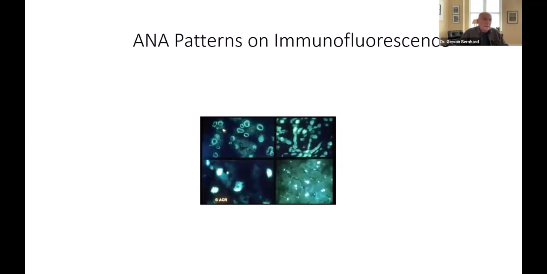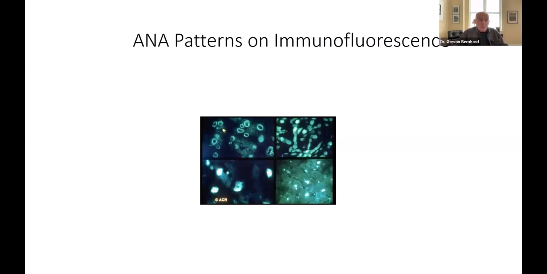Now here's some of the patterns. This is the so-called rim pattern. Usually that suggests that there is anti-DNA antibody present. And this again is much more specific for SLE. But look at these. These are rather diffuse patterns. There's a spotty pattern. There's another diffuse pattern.